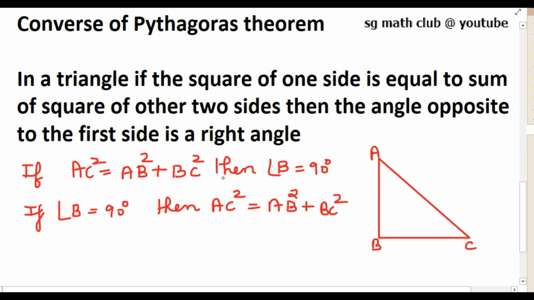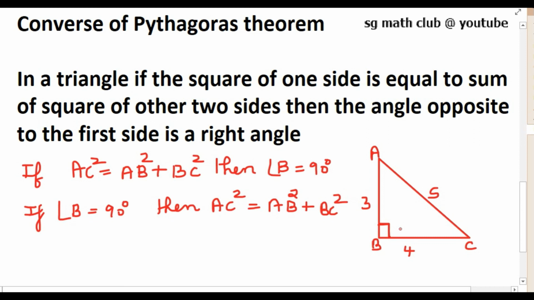Converse means the if part will become then, and the then part will become if. So is this converse of the Pythagoras theorem true? For example, you can construct a right angle triangle with sides 3, 4 and 5 centimeter, and you can check that 5 square is equal to 3 square plus 4 square, and if you measure the angle opposite to side 5 centimeter, then you can see that definitely it will be a right angle.